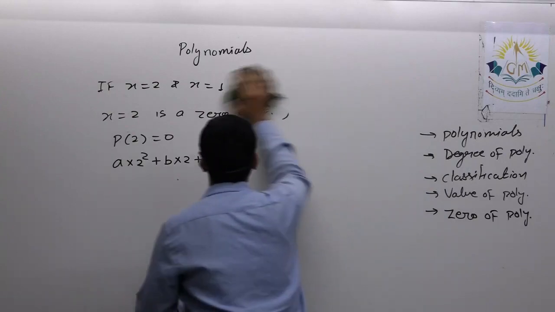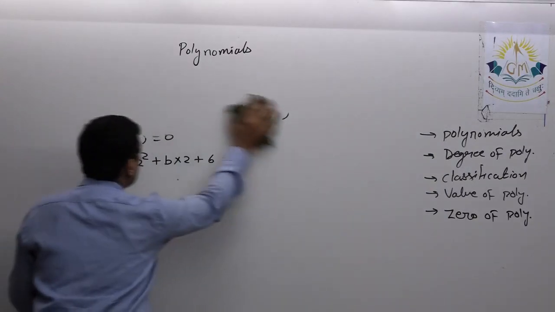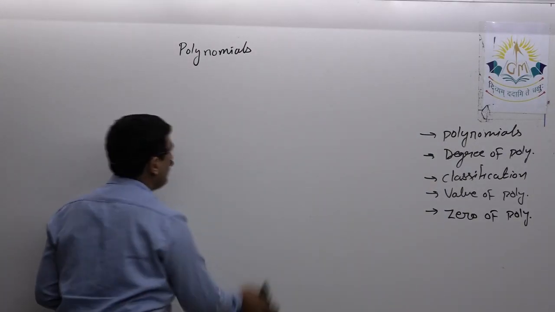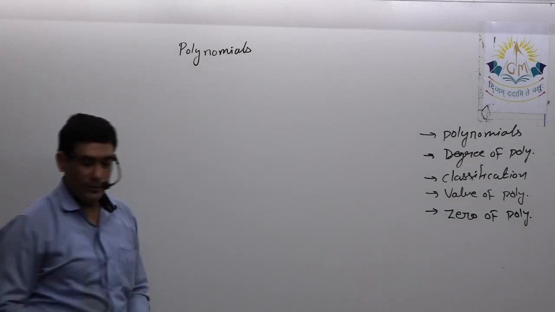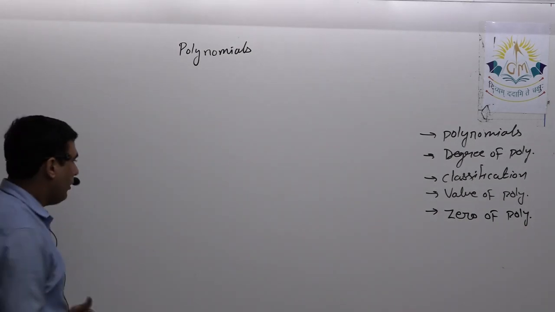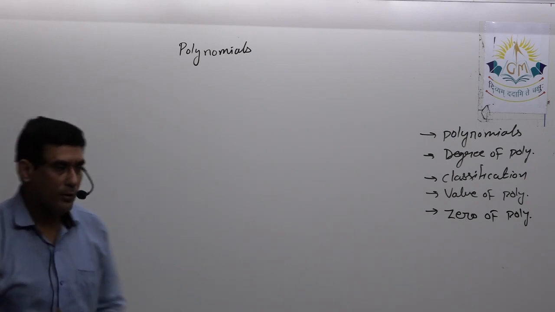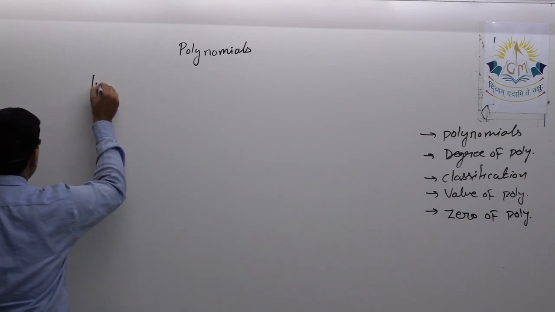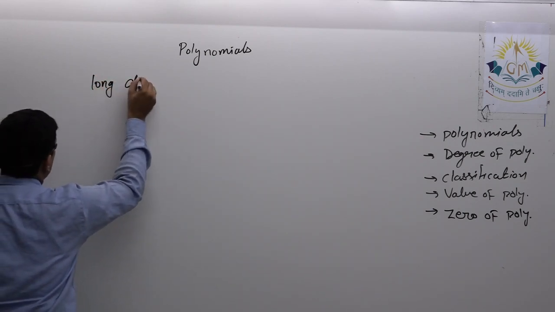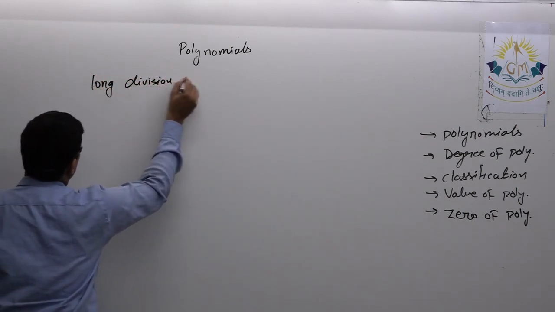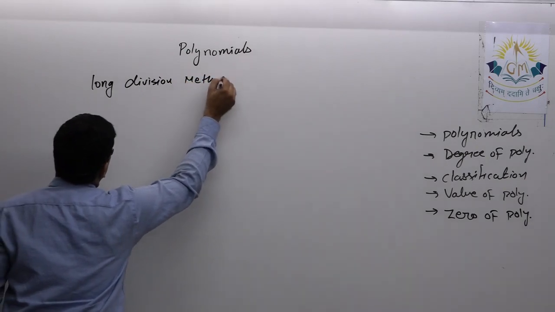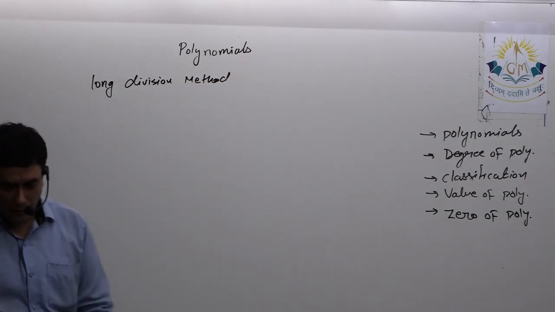Okay, here I am just giving you the different types of questions as well as the concepts. So next is the remainder theorem, or before the remainder theorem, let me tell you the long division method to divide a polynomial by another polynomial.